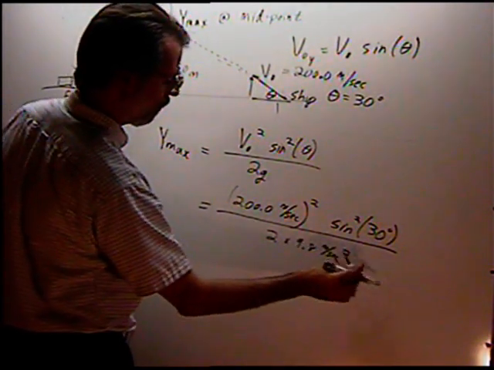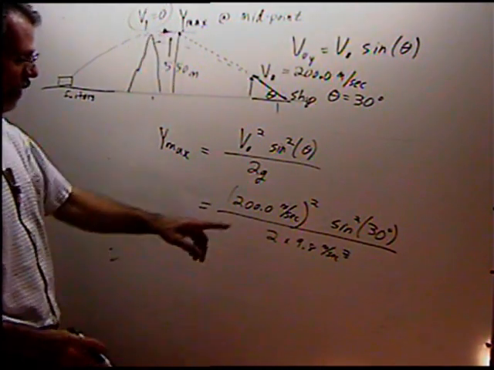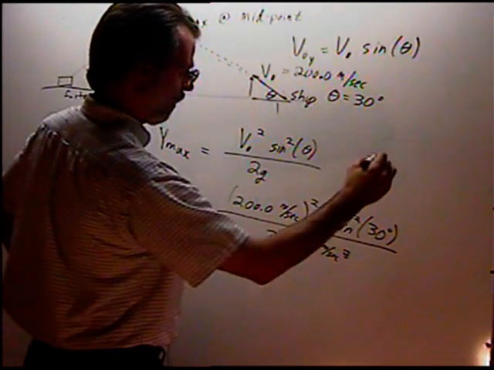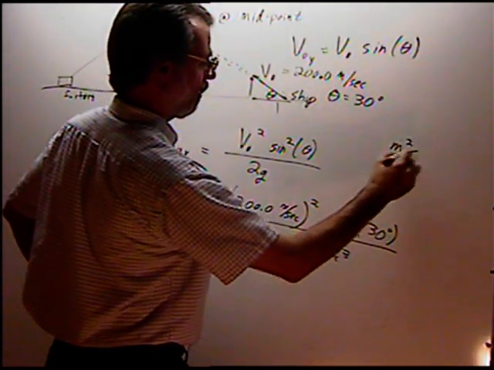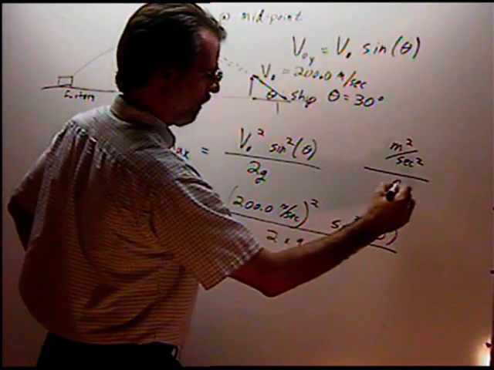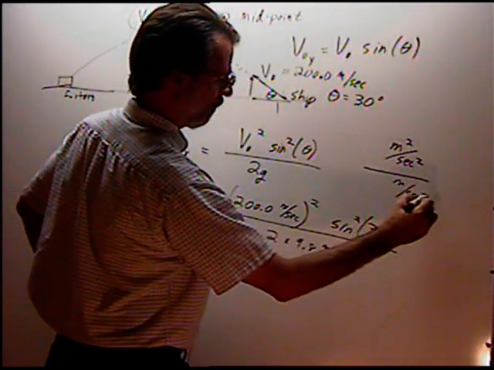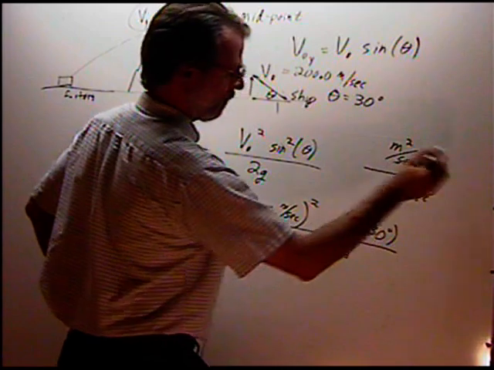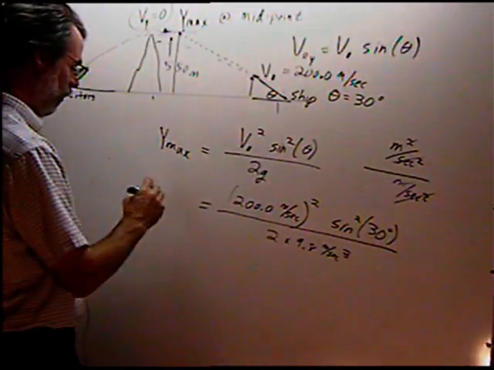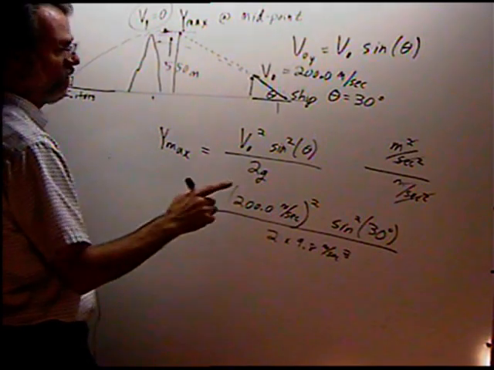Now notice from a units point of view, this turns out to be meters squared over seconds squared, all divided by meters over seconds squared. The seconds squared cancel out. One of these meters cancels that meters, and we're left with y max in meters, which is as it should be.